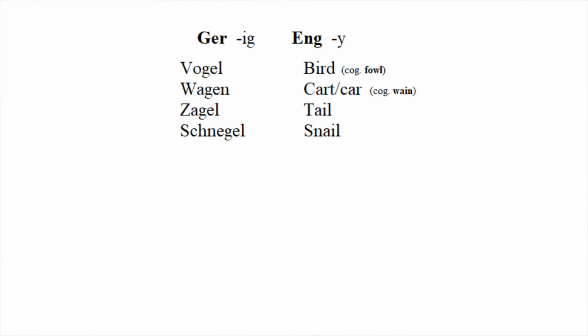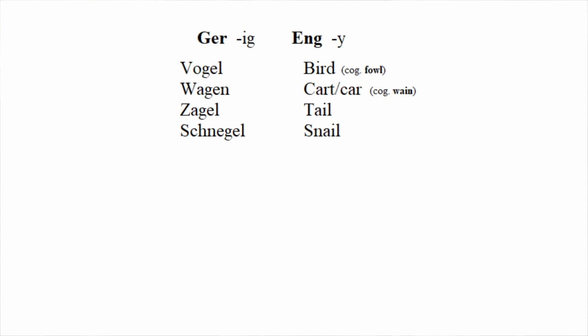And then you have Wagen. Now Wagen is a bit of a confusing one, because in English we have the word wagon, which is a loan word from German. The actual native English word is wain, but nobody really says that, it's very rarely used. And then we have another example, Zagel, which becomes tail. I think there's also Schnegel, which becomes snail. I think the actual meaning of that is something like slug.